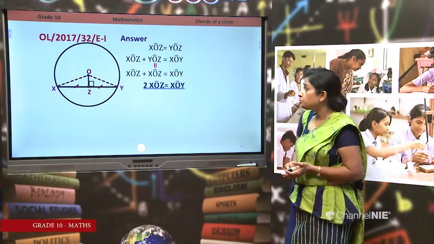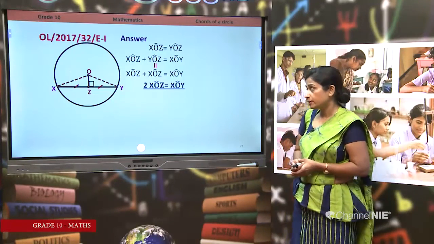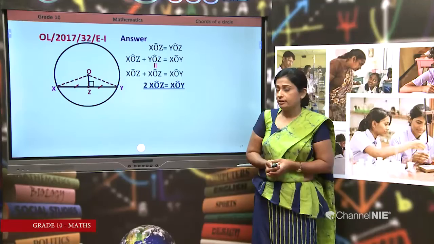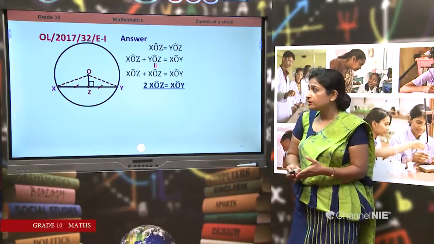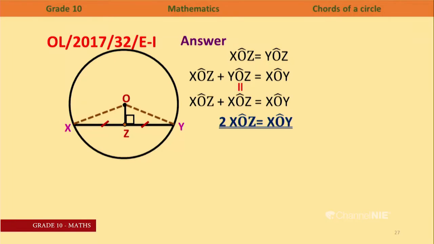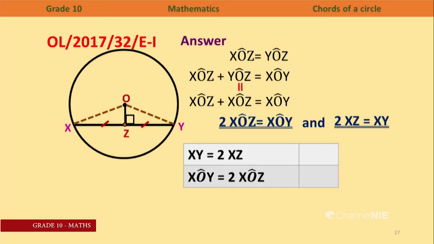Then we can say 2XOZ is equal to XOY. Twice the angle XOZ is equal to the angle XOY. Then we have proven earlier that 2 times XZ is equal to XY, and according to the table, what can you say about both statements?